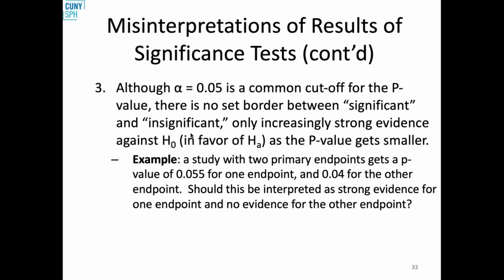So even though we say 0.05 is our cutoff, that's more of an academic thing than something in reality. The p-value is the level of evidence that we have that the two means are different. And so you can't look at it as a yes or a no.